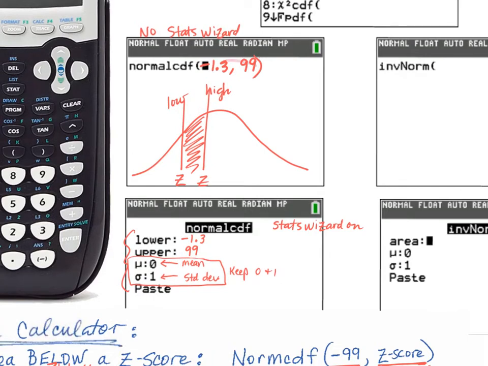If you have no Stats Wizard, then your numbers here are going to be NormCDF from the 1.2 up to the 2.5, and over here on the lower one, the lower score will be the 1.2 up to the 2.5, and it will calculate that area for you.